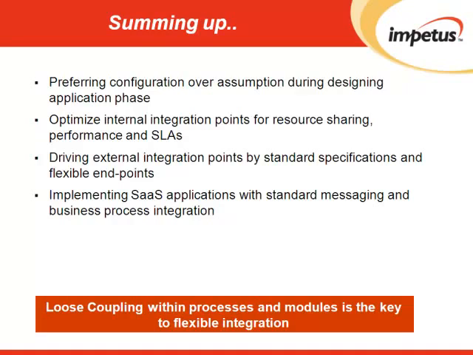Internal integration points for a SaaS application translates to the integration points that the SaaS application natively or internally consumes. These integration points need to be designed for meeting the required performance, scalability, and SLA requirements. On the other hand, the external integration points of a SaaS application translates to the integration of the SaaS application with external on-premise or tenant systems.